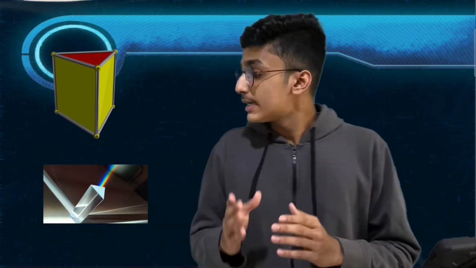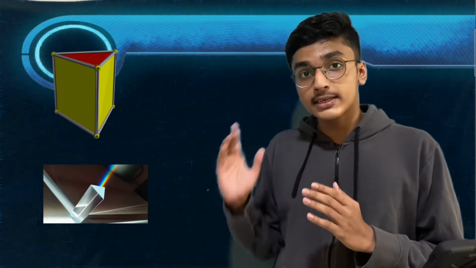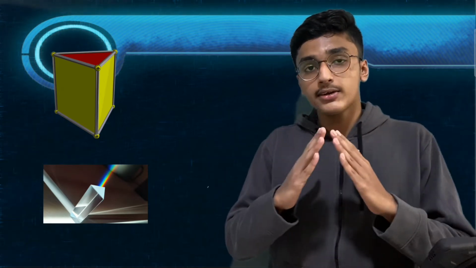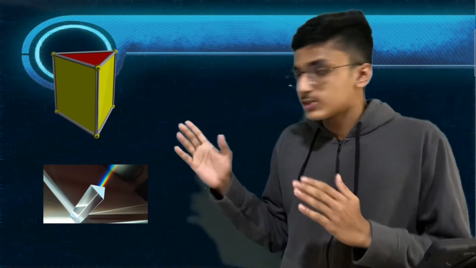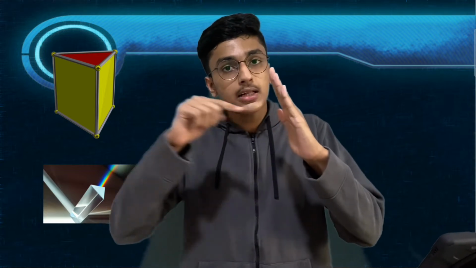First of all, in your textbook, the most important thing given is the angle of the prism. The angle of the prism is the angle between 2 inclined linear structures. Here we can see 2 rectangles facing like this. The angle between these 2 rectangles is known as the angle of the prism.